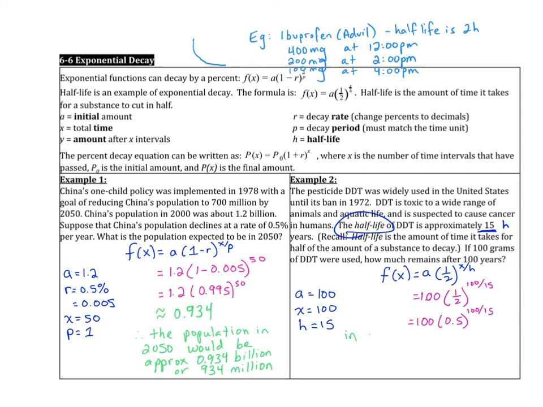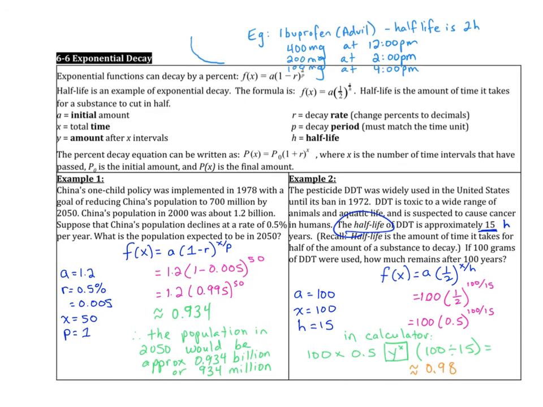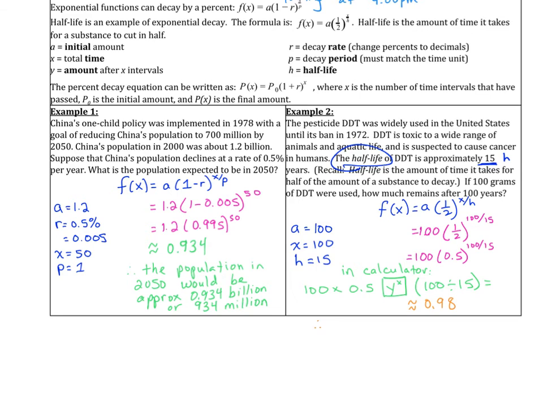But in your calculator, you remember you would type this in as 100 times 0.5, and then whatever your exponent button is, everyone has a different exponent button, and then bracket 100 divided by 15, close the bracket, equals. And that is approximately 0.98.